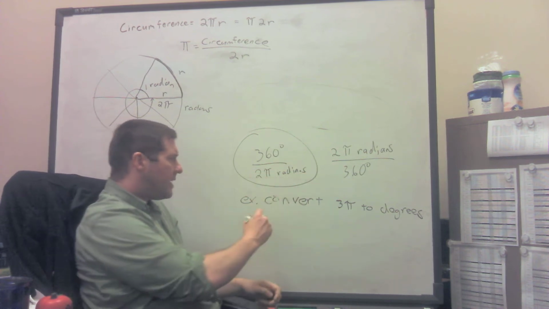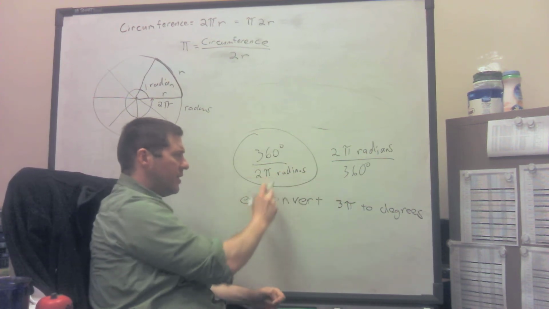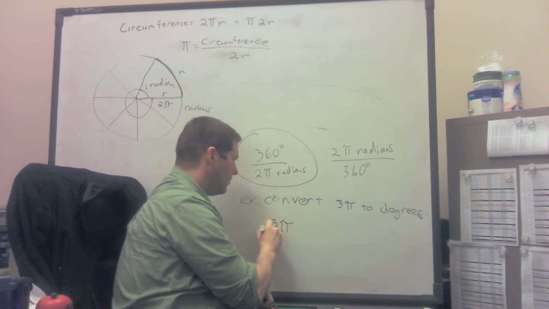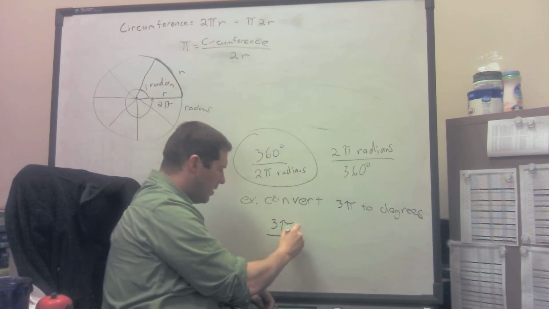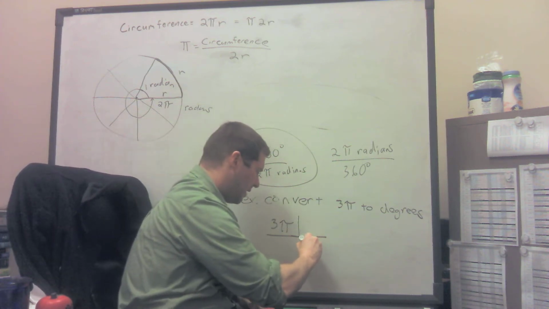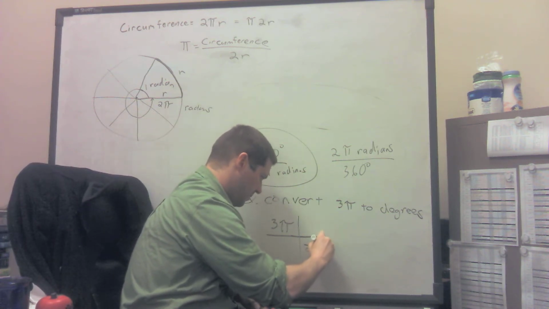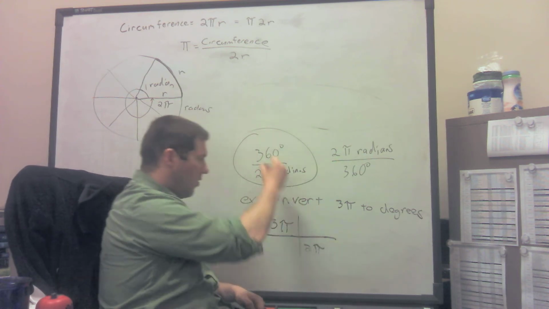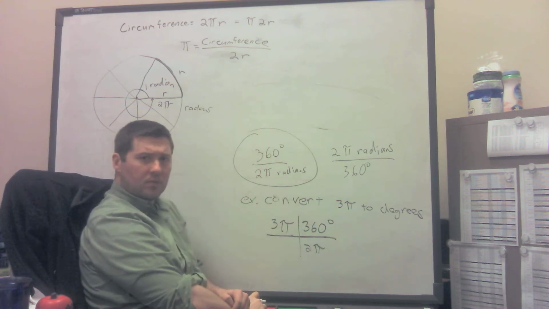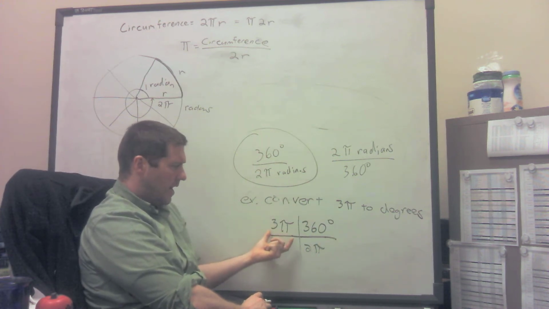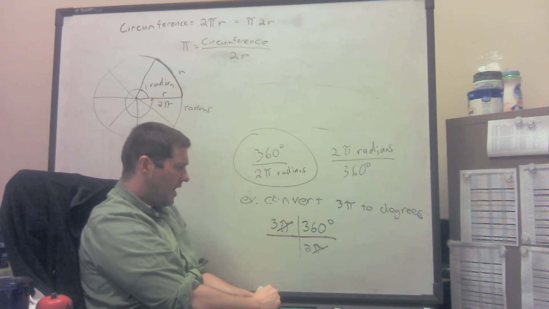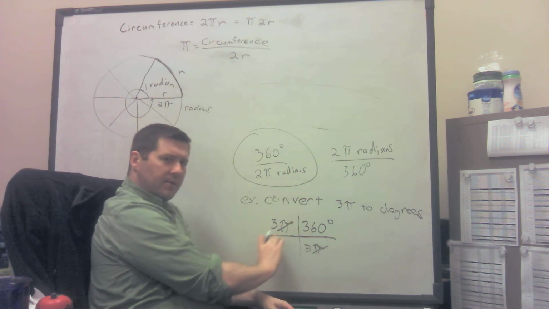So we've got the 3 pi, and I want to multiply by this ratio. I want my 2 pi radians in the denominator and my 360 in the numerator. So how is this one going to simplify? Well, my pi's will cancel very nicely.